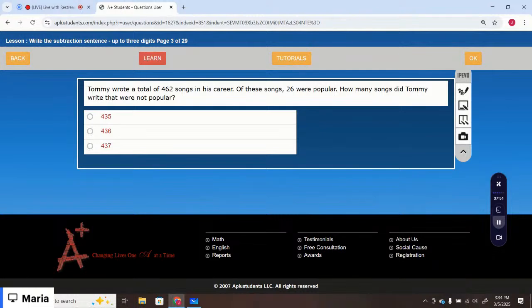Toby wrote a total of 462 songs in his career. Of these songs, 26 were popular.